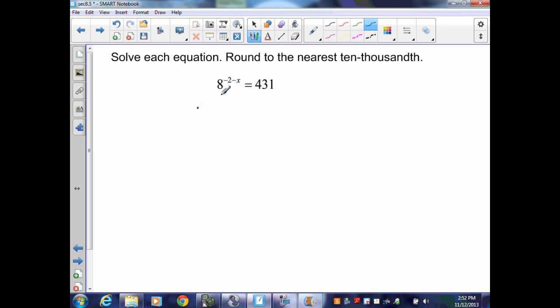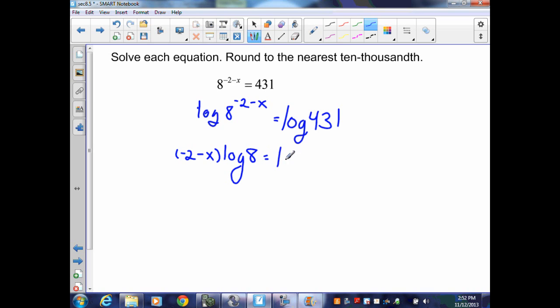Let's take a look at another example. Here I have 8 to the negative 2 minus x equals 431. I'm going to take the common log of both sides, which gives me log 8 to the negative 2 minus x equals log of 431. I'm going to use the power rule, and this is my exponent, so I'm going to bring that out front, which is a negative 2 minus x log of 8 equals log of 431.